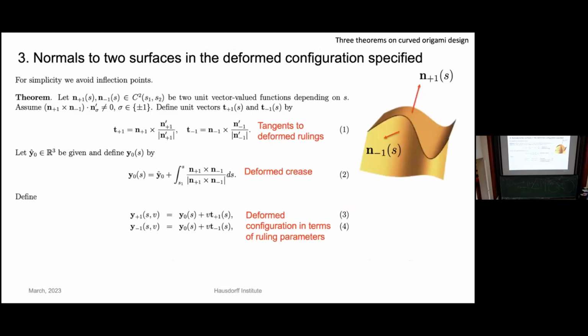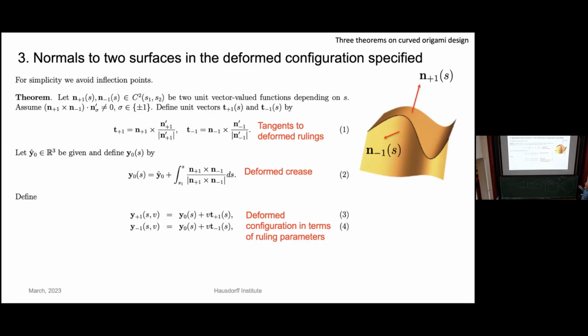Now, in this theorem, just to avoid all kinds of nonsense, we're going to avoid the inflection points, so the second derivative is not zero along the whole curve. This is when we give the two normals to the two surfaces, so this is a little easier to state. Give the two unit normals depending on the parameter S. Define the rulings by these two formulas.